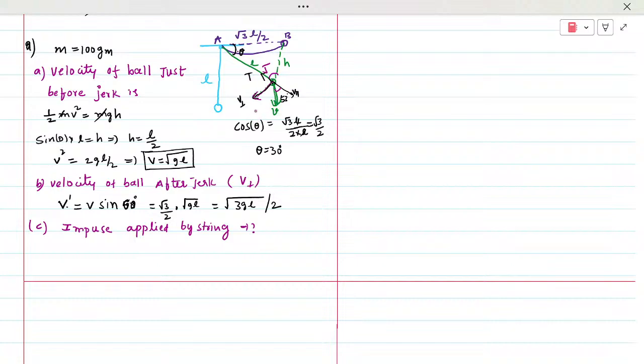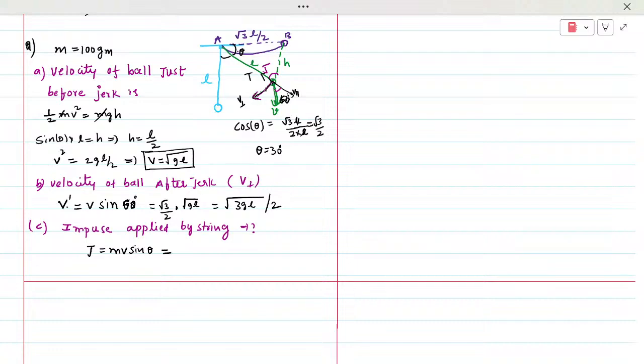So J is equal to m v sin theta, the impulse after the jerk. Here this is theta, m v sin 30 will come. So J is equal to m v. You can take cos 60 or sin 30, whatever.